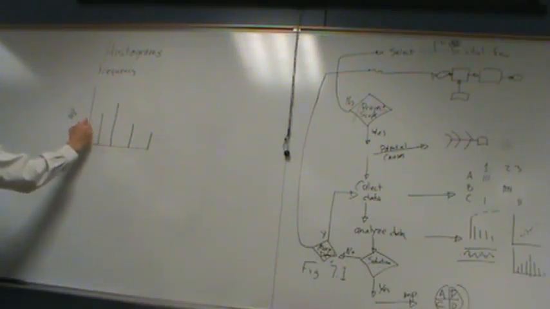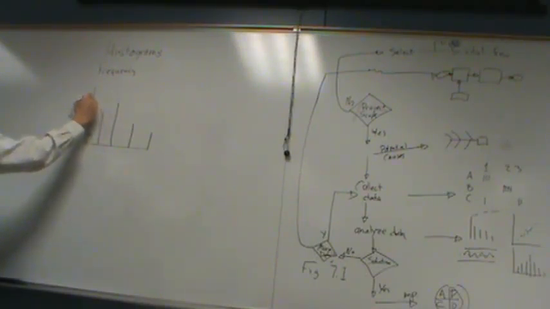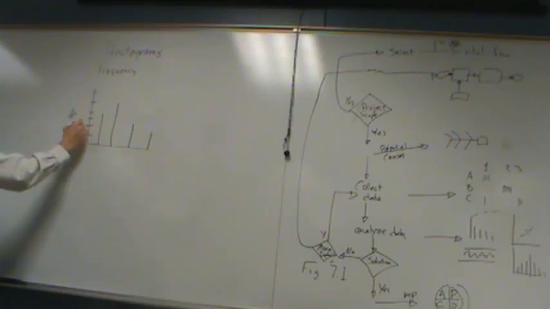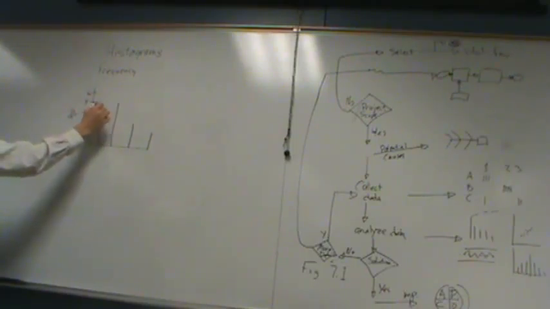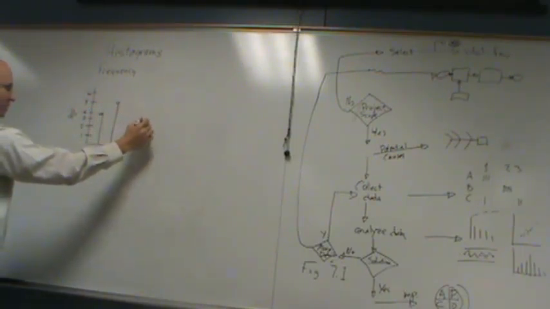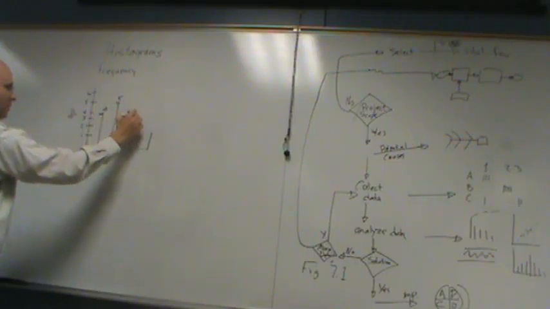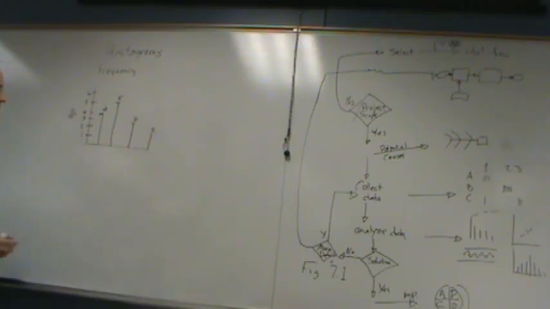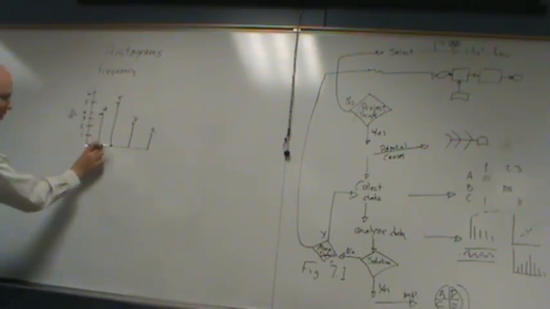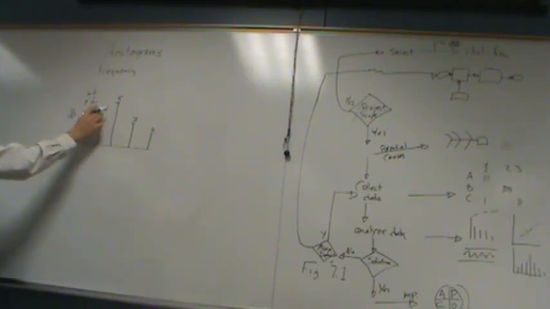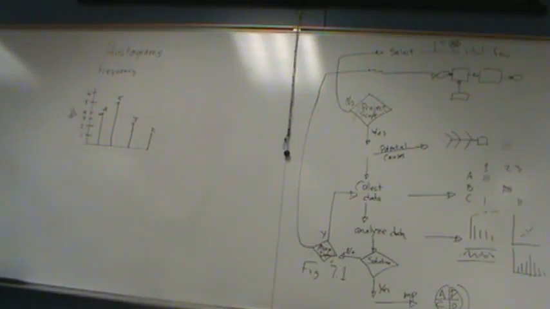These are ideally evenly spaced units. It's the number of occurrences, so this one would have 4, 5, 3, and 2. And for that bucket, if you will, or range, there were 4 items or observations in that range.